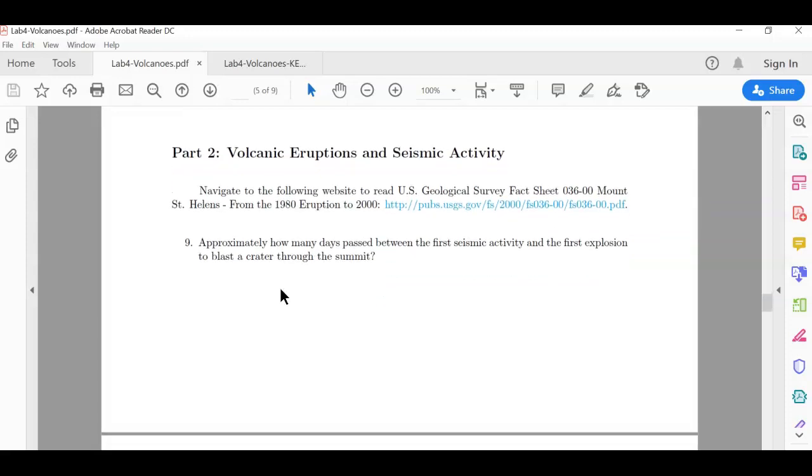We continue on to part 2. So part 2 is fairly straightforward. Most of it is just reading information that I have for you. So what we're going to do is analyze the volcanic eruptions and seismic activity. So how are they related? We're going to navigate to the following website that I have right here for you. It's a USGS website, and it's a fact sheet basically on Mount St. Helens on the 1980 eruption.